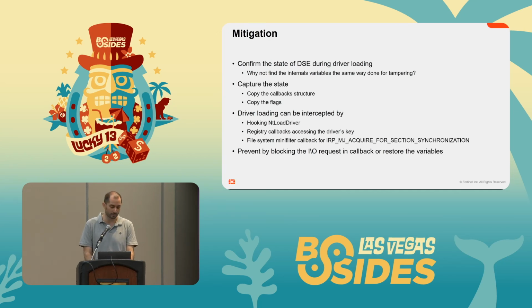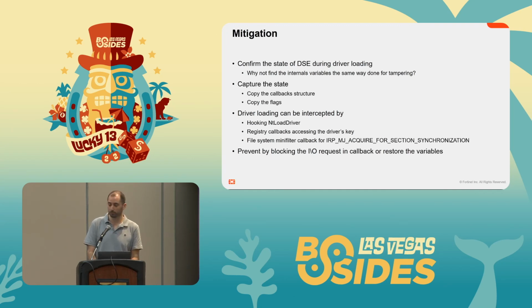What we thought about was basically, why not just confirm the state of DSC when we know a driver is being loaded? And once we do, we can decide how to act. We can find those internal variables ourselves, same as attackers do. They're proving it to be stable so far, so why not do it ourselves?